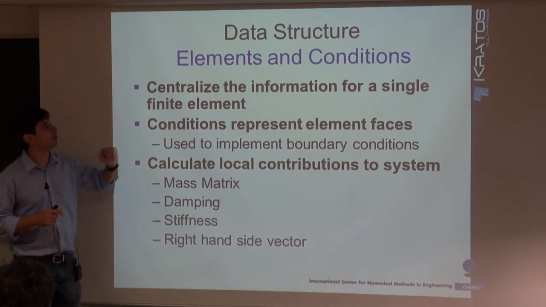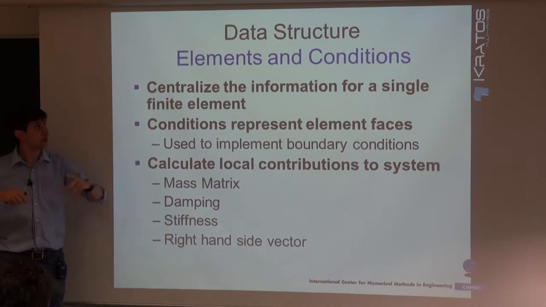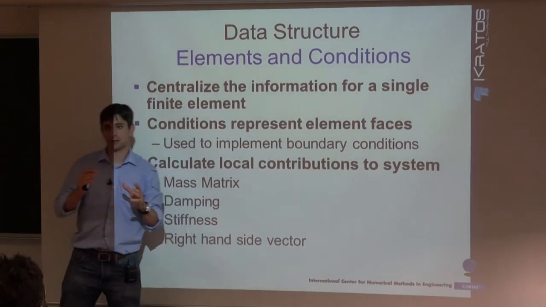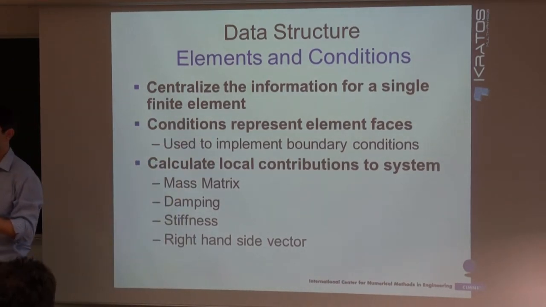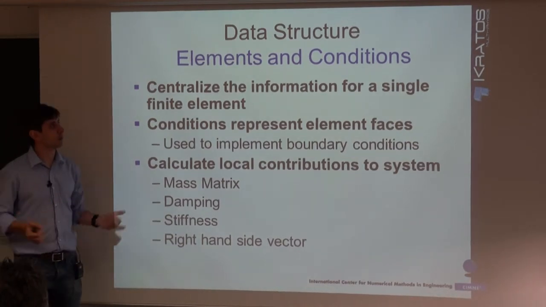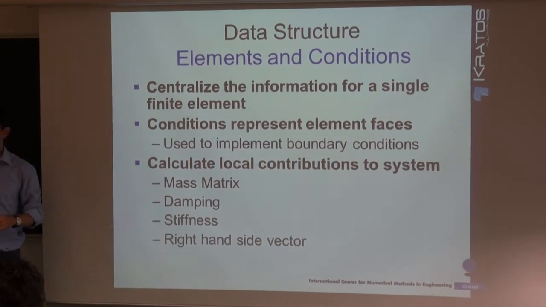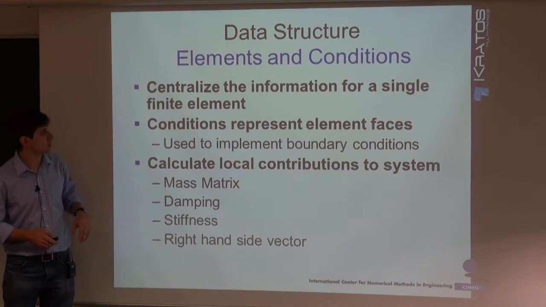For example, in fluids, an element would be a tetrahedra or hexahedra, while a condition is a face. It's a face where you have applied a condition. Condition that can be a wall or can be anything. In heat transfer, there are also faces, etc. In 2D, if you have triangular elements, conditions would be lines in the segments.